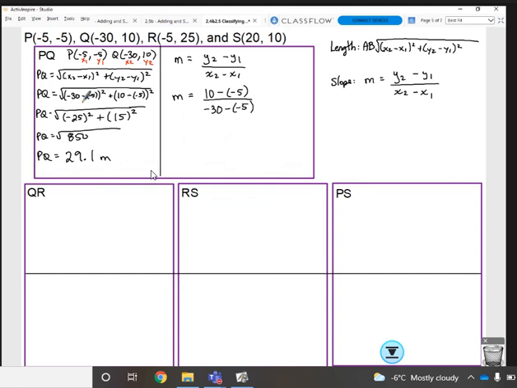I know that this is x2 minus x1, it's already written for me right here. I know that this is y2 minus y1, it's already written for me right here. So if you do one of them really quickly, the second one will go super fast. So we should have something like 15 over negative 25. Now what we should do is reduce this fraction to lowest terms and put the negative, if there is a negative, in the numerator. So we should have negative 3 over 5.